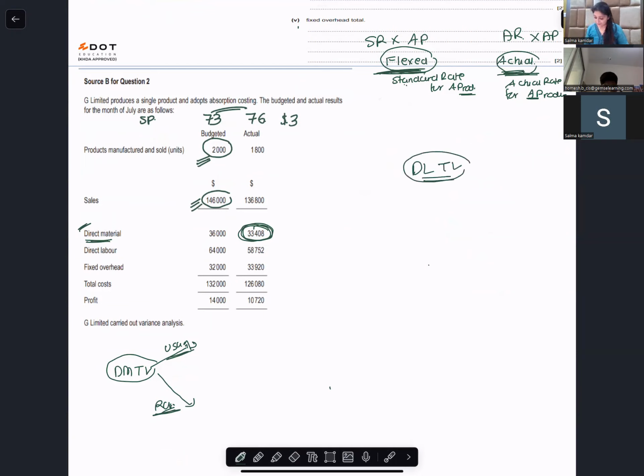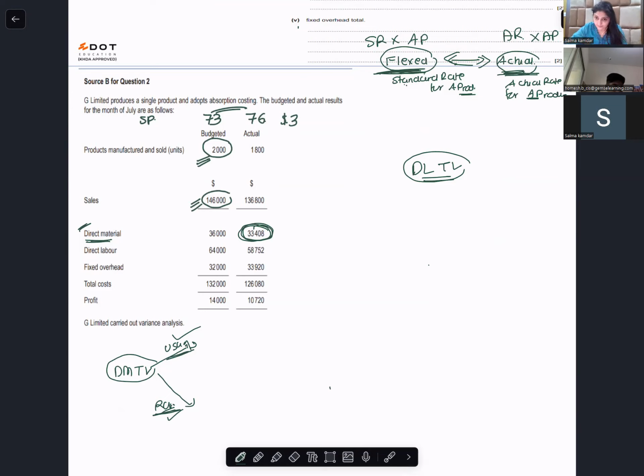Whenever you have total variance, you should know that it is based upon usage and rate. But we don't have usage and rate separately, right? At that time, we will compare our flexed with the actual. Actual labor, now tell me, how did you do it?